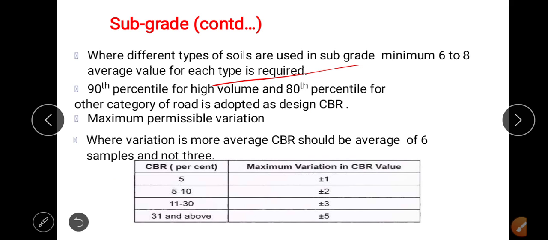That would be more ideal, especially for design purposes. 90th percentile for high volume and 80th percentile for other categories of road is adopted as design CBR. Maximum permissible variation: where variation is more, CBR should be the average of 6 samples and not 3. You see, specifically it is mentioned, instead of 3, it should be 6.